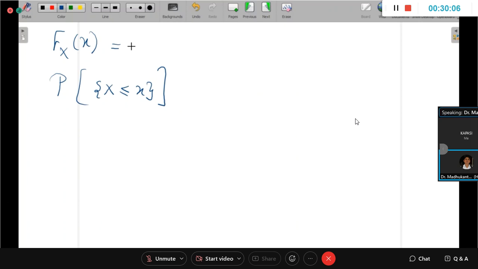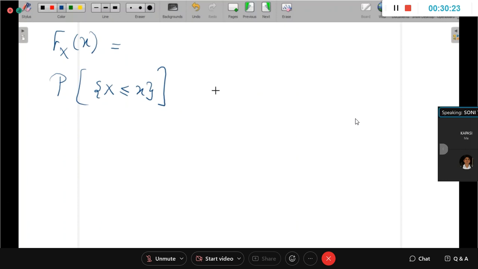Sir, we can write the event x less than or equal to small x as its intersection with omega, and we can write omega as the union of the events y less than or equal to y and y more than y.